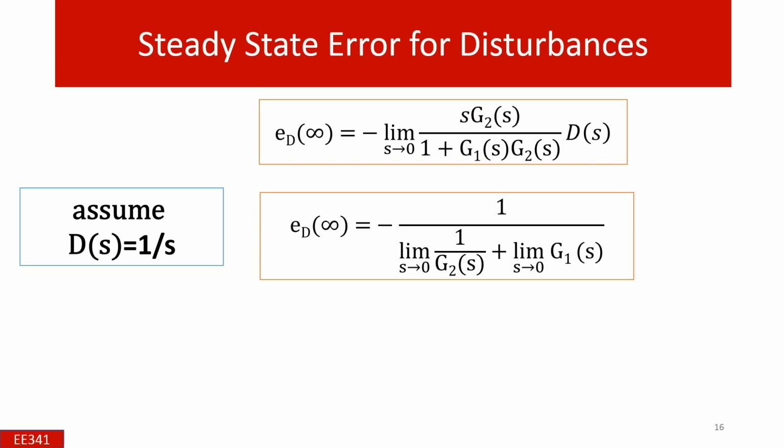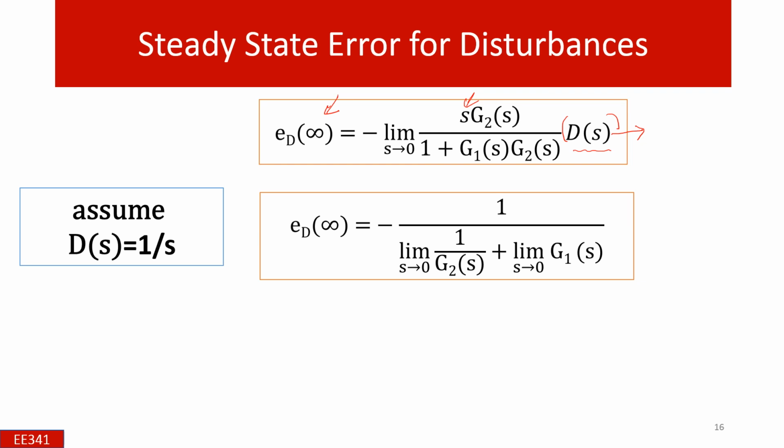If there is some disturbance, then the steady state error depends on the values of this term, and this s is due to the final value theorem.